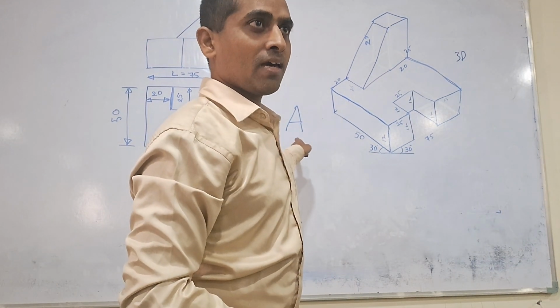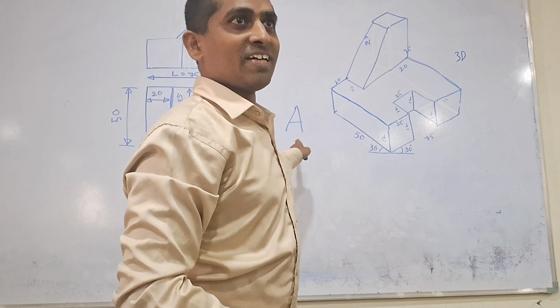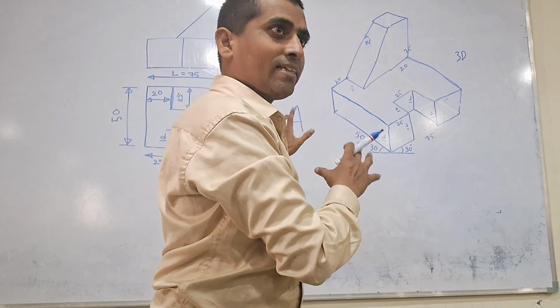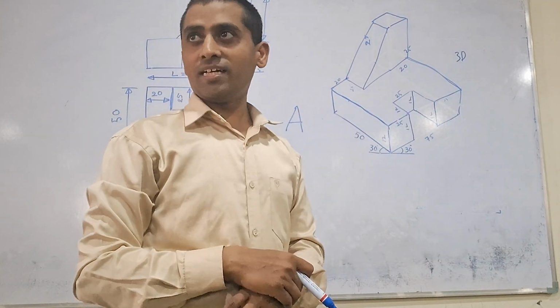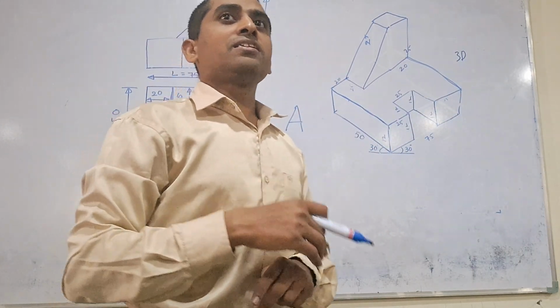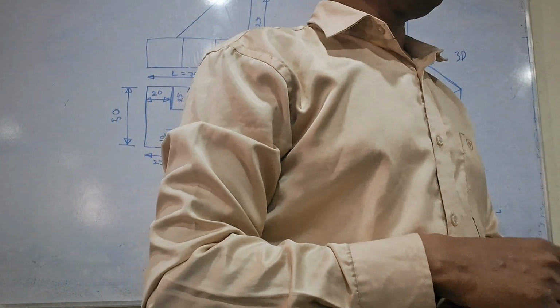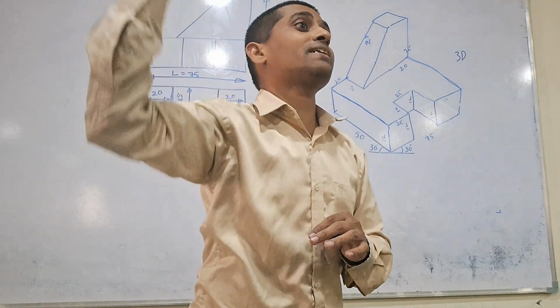A. Why is it A? We have taken this symbol as A, and then we continued with the literature, and then we developed the language. Similarly, engineering drawing is a language for the engineers, and there are certain rules that we need to follow so that other people can understand.